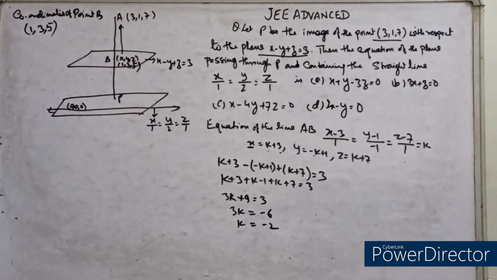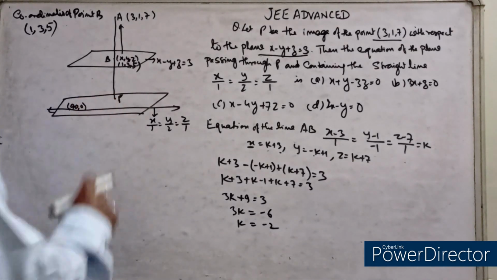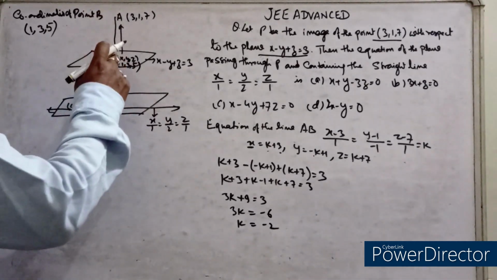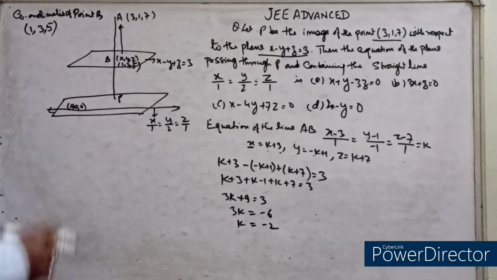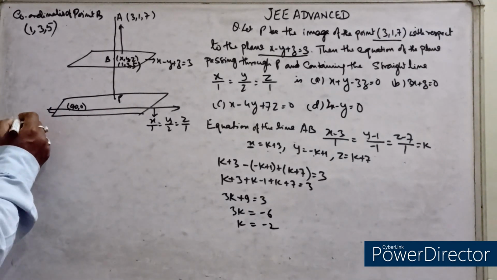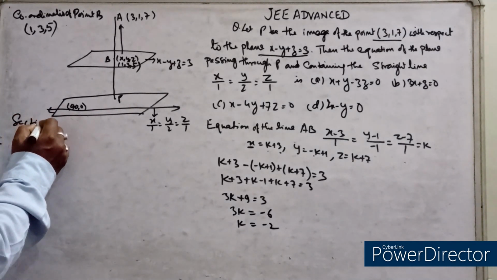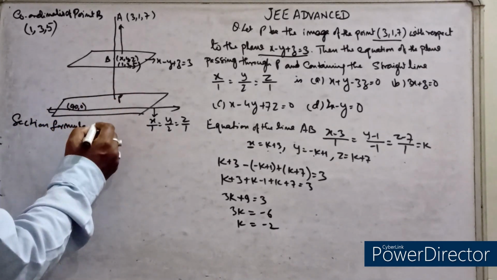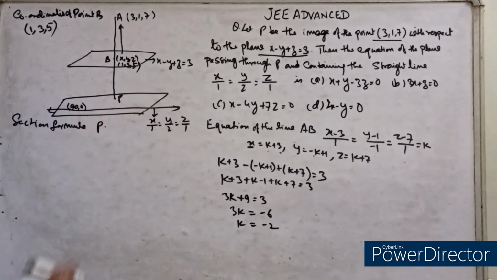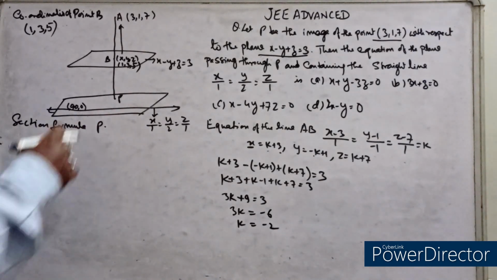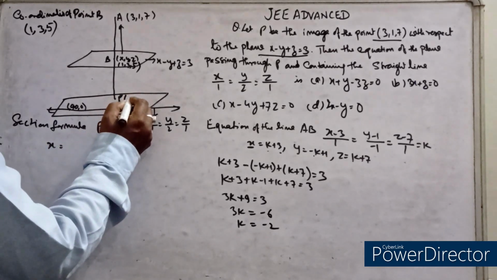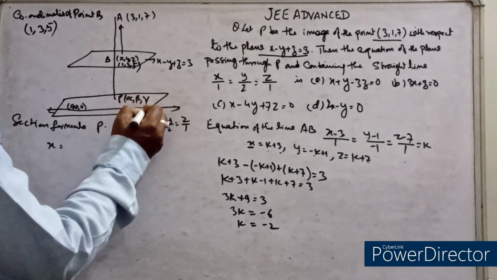Now again, how to find the coordinates of point P? Because we know that the object distance is equal to the image distance, the ratio is 1:1. So I am going to apply the section formula to find out the point P. Let this be alpha, beta and gamma.